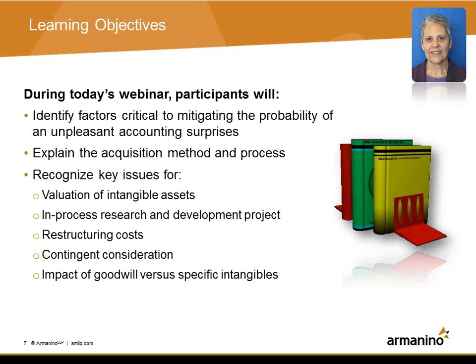So with that, let's take a quick look at our learning objectives so we know exactly where we're headed. During today's webinar, we're going to take a look at factors critical to mitigating the probability of any unpleasant accounting surprises. We're going to explain the acquisition method and process, and then we're going to take a look at several key issues associated with the acquisitions.